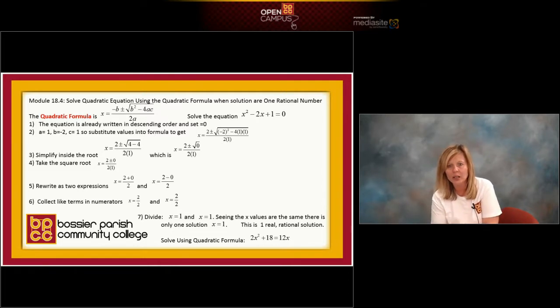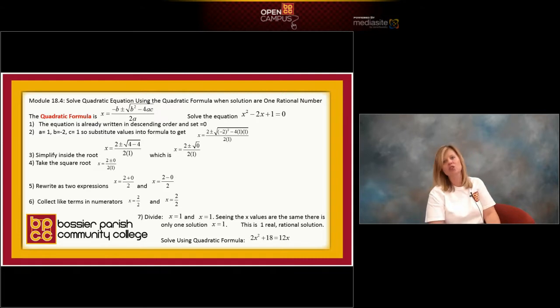Why the word real? Because the number 1 is on the number line. Why the word rational? Because rational means fraction. And you can write 1 as a fraction by writing 1 over 1. When you get answers using the quadratic formula that are rational, that tells me that you could have solved that equation a lot quicker by factoring.